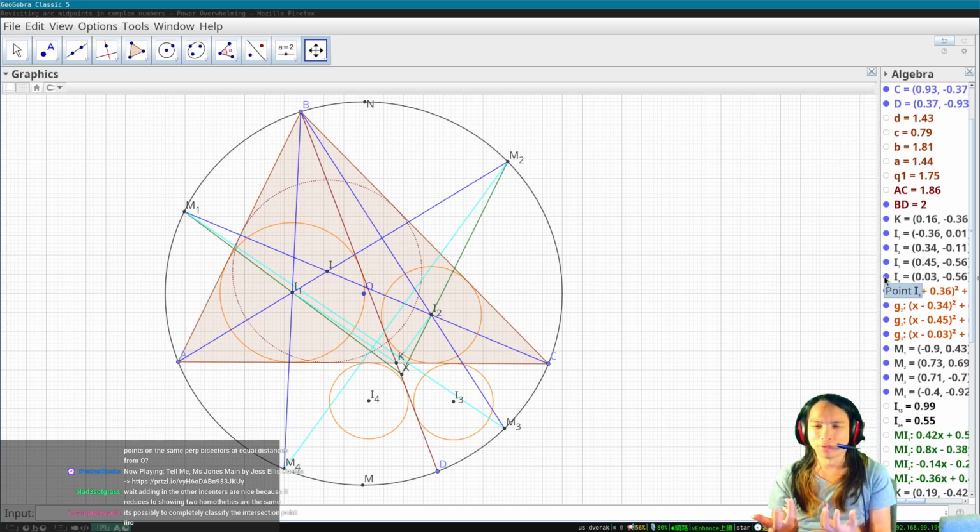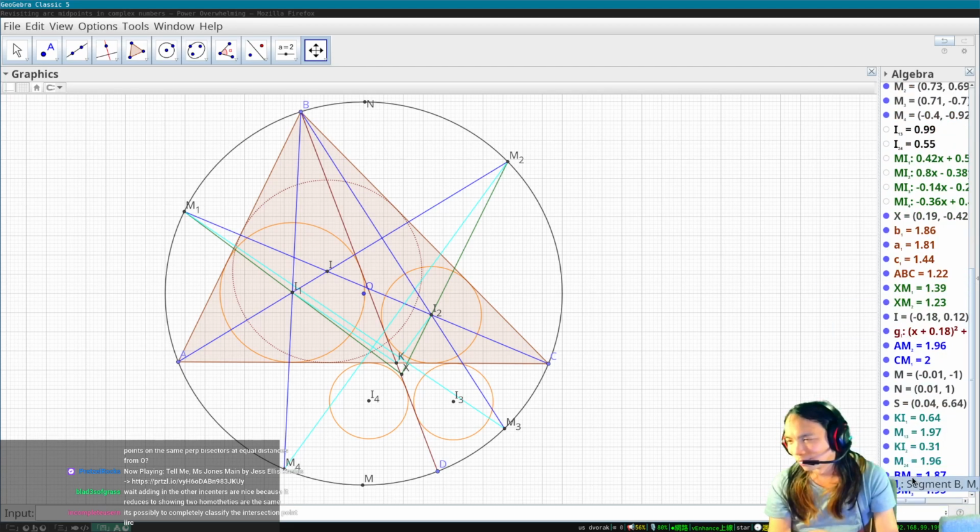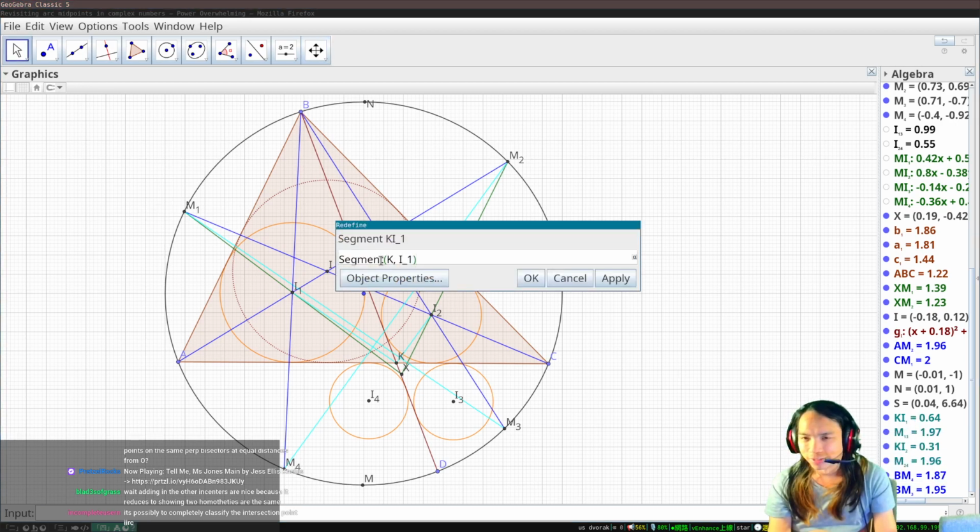So I1I3 is parallel to M1M3, and there's a homothety at X that does it. Oh, okay. The point is, the claim is that you want to try to ditch O. I just feel like the other incenters are so... Ugh. Fine.